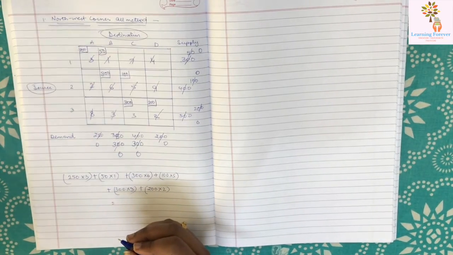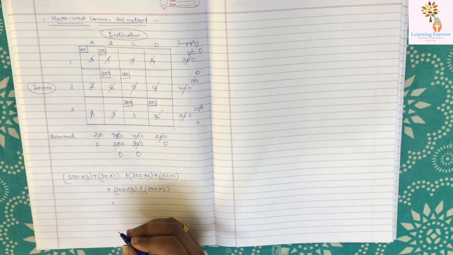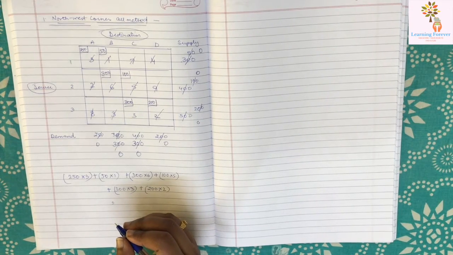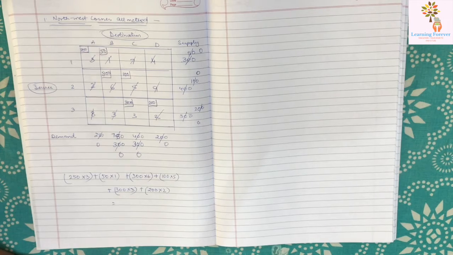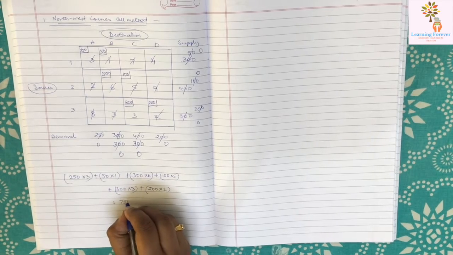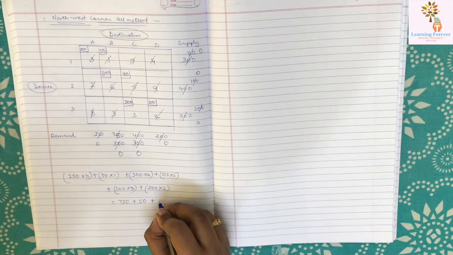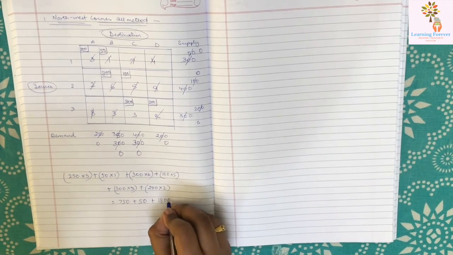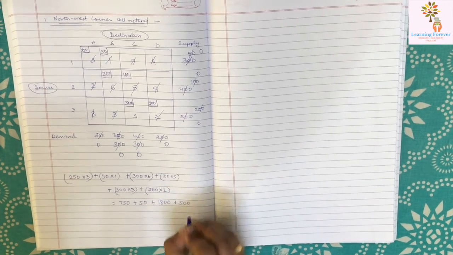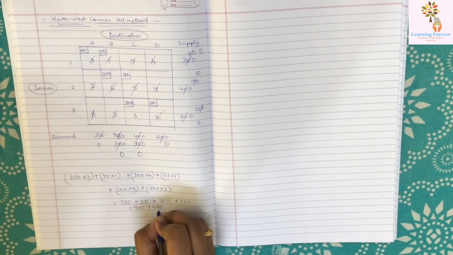So when we add it, we will get 750 plus 50 plus 1800 plus 500 plus 900 plus 400.